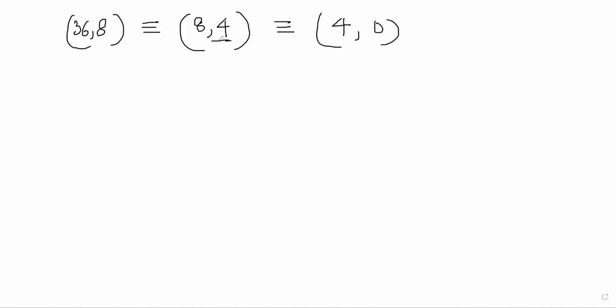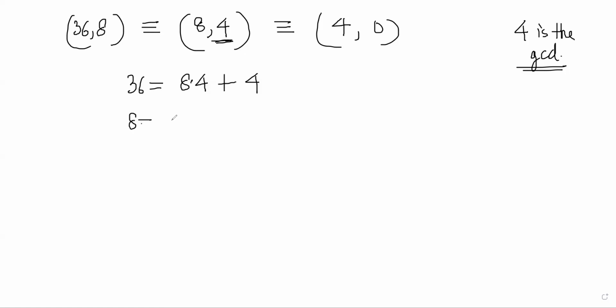So we can easily see from here that 4 is the GCD, the last non-zero remainder. But we can write it like this: 36 is equal to 8 into 4 plus 4, and then 8 is equal to 4 into 2 plus 0, right? So this was the step here. So the GCD was 4, the last non-zero remainder.